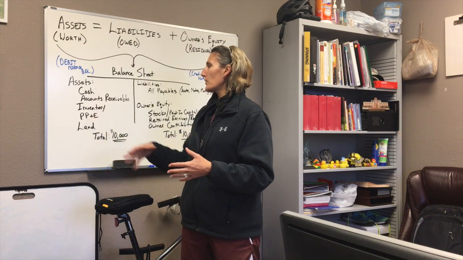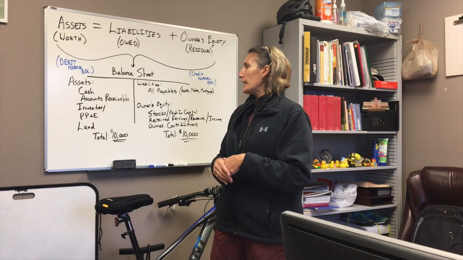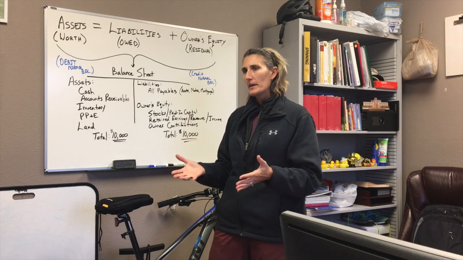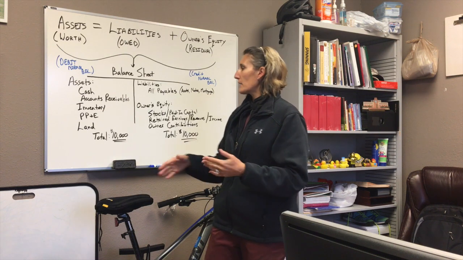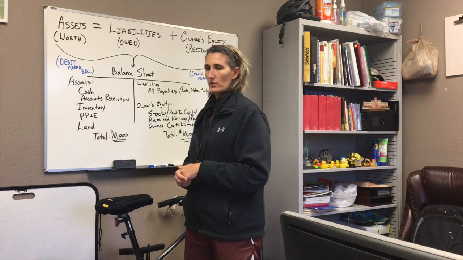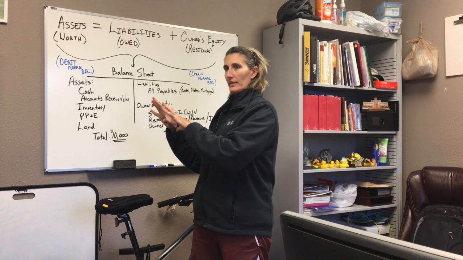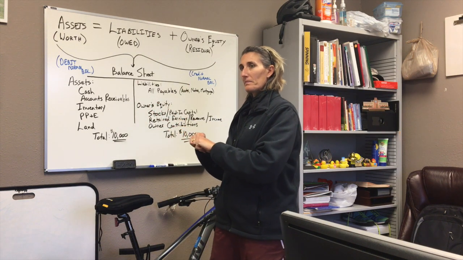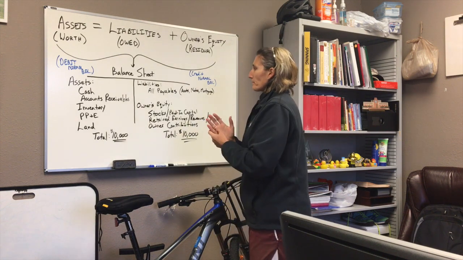And that's your buildings, any kind of manufacturing equipment, things like that. And usually those are pretty significant value as well. And then of course you have land. Land is also considered an asset. Okay, so does that make sense on the asset portion of the balance sheet? It does make sense in the asset portion, yes. Okay, great. All right, so now we jump to the other side.